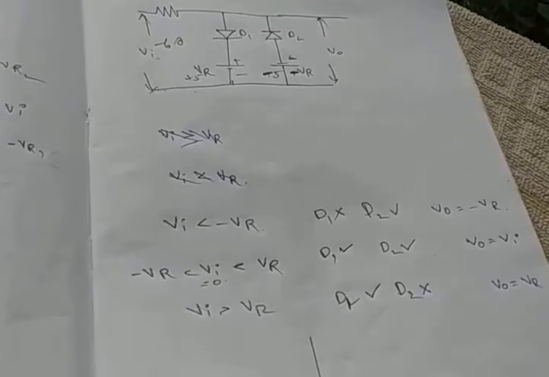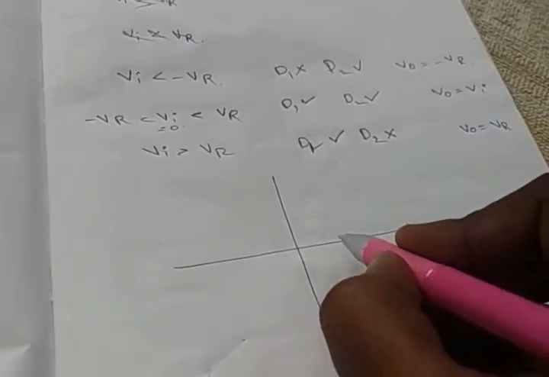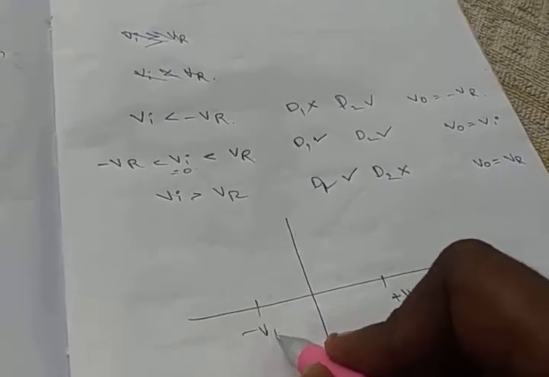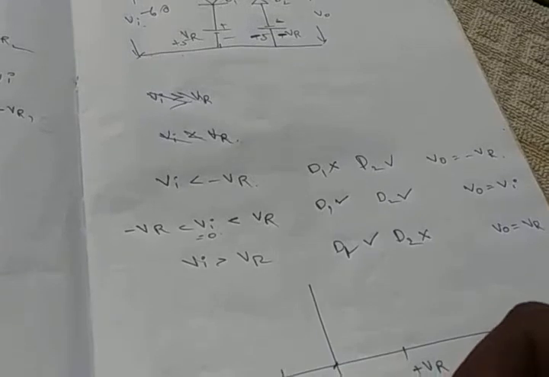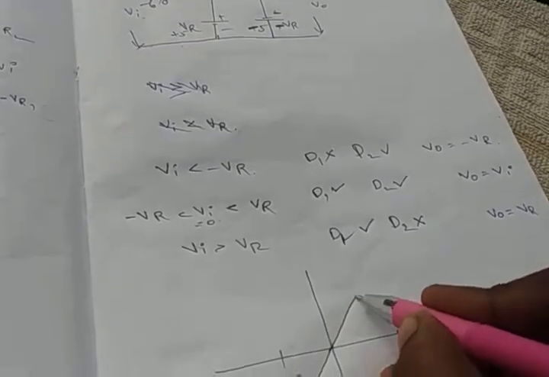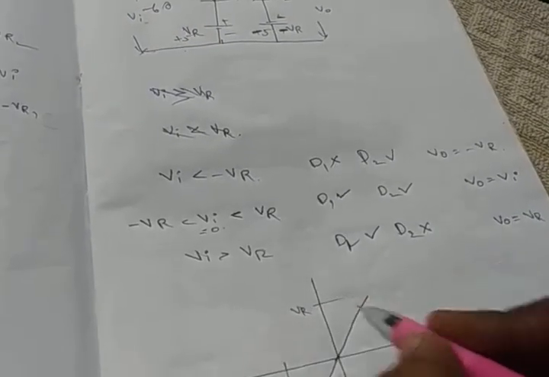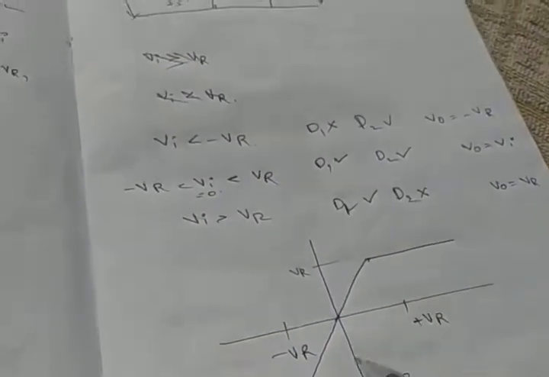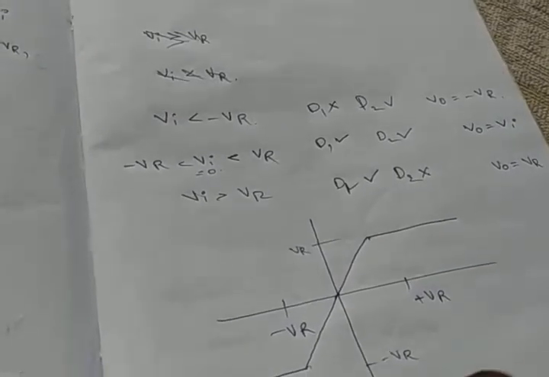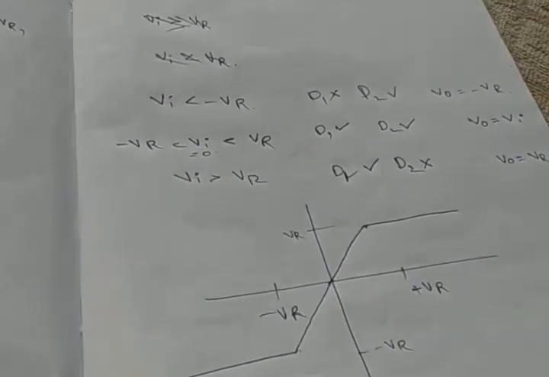Draw the transfer characteristics. So this is plus VR and this is minus VR. In between minus VR and plus VR, the output will be equal to input. For greater values of VR, we got VR as output, and for lesser values of minus VR, we have minus VR as output.